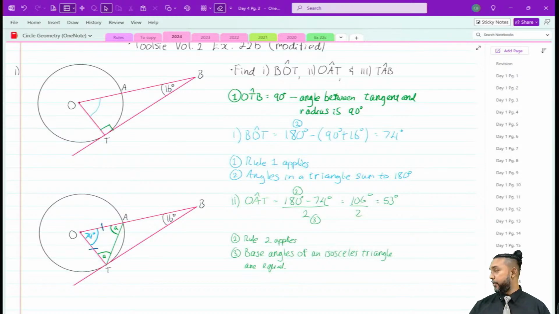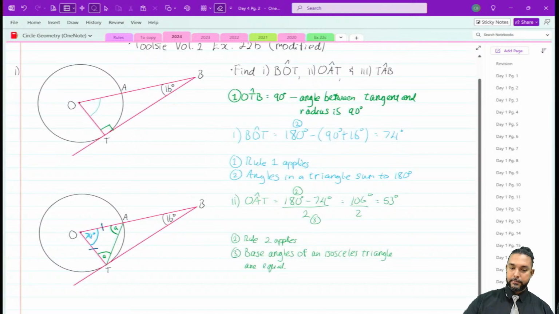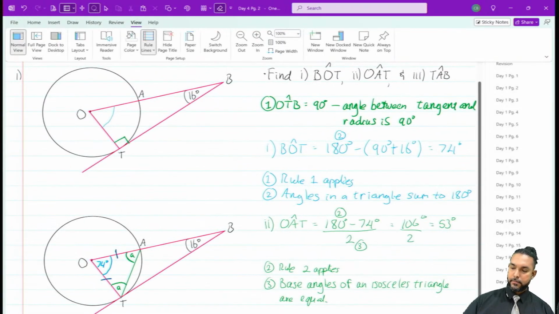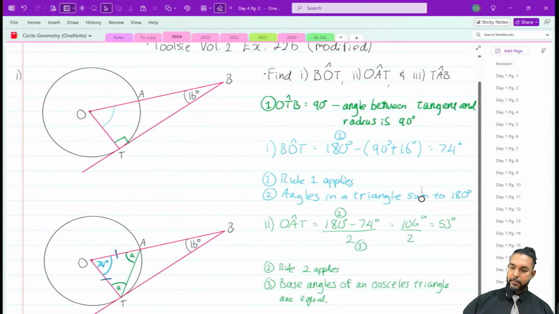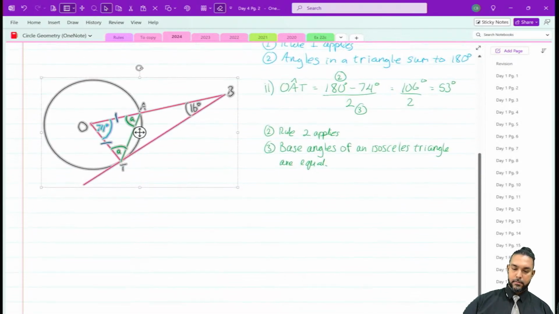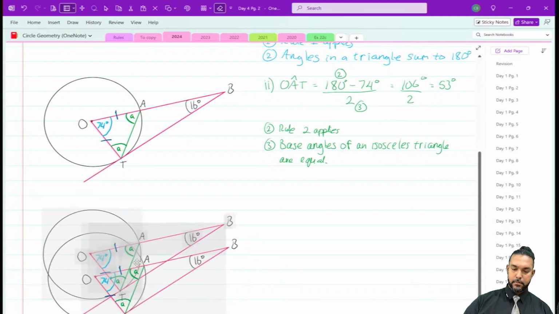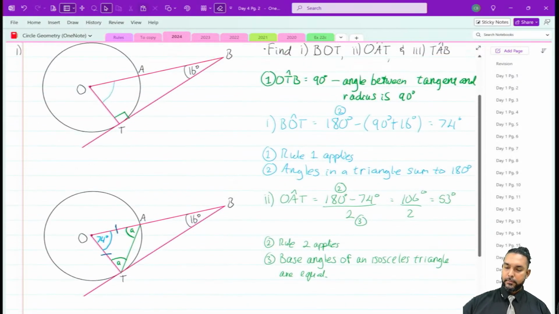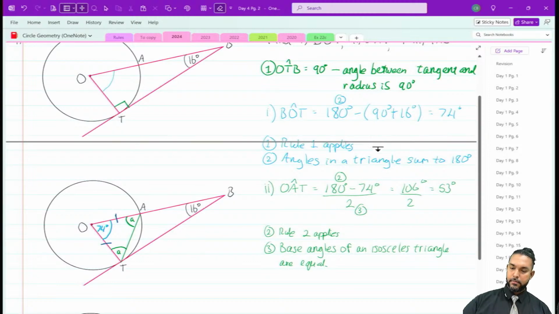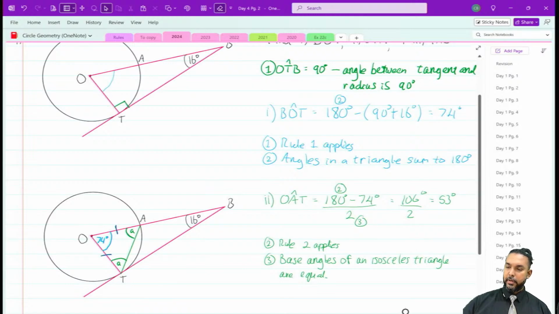We have one more piece in the same question to do. So I'm going to copy over the same diagram. All right, and last thing is TAB.